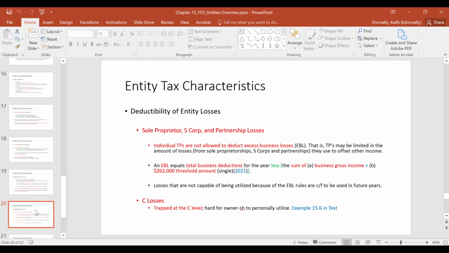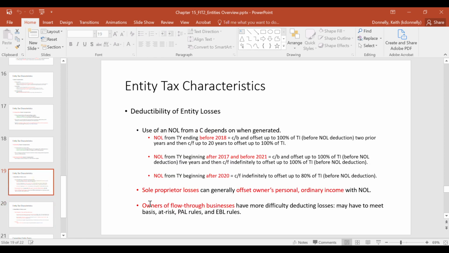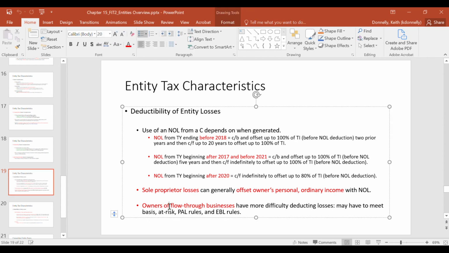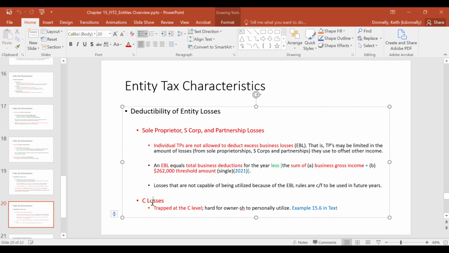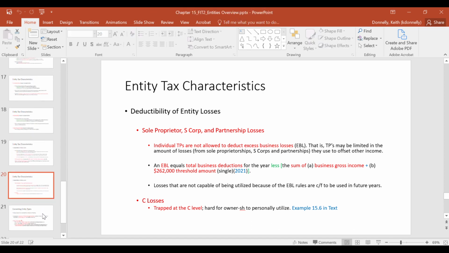From a corporate standpoint, the corporation can use a loss depending on when it was incurred. A sole proprietor can use it individually. A flow-through entity, you can use it, but it's tough. And if you're an individual shareholder or any shareholder of a corporation, the corporation uses the loss, not you.